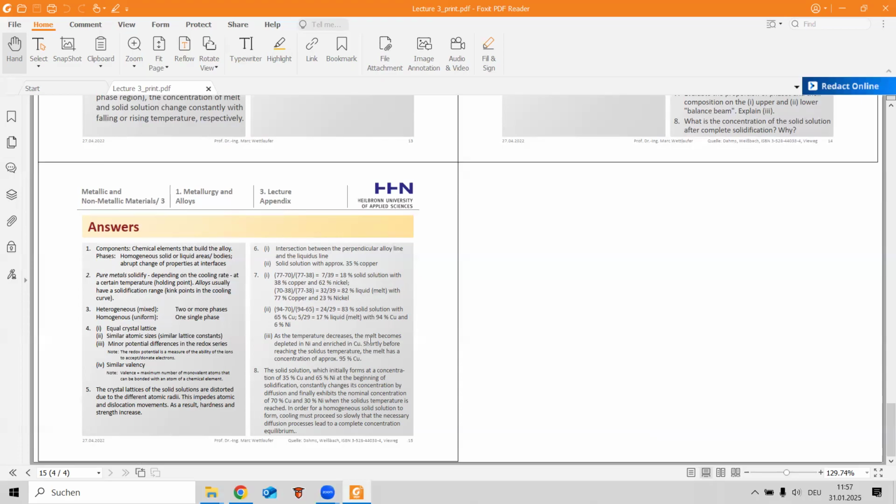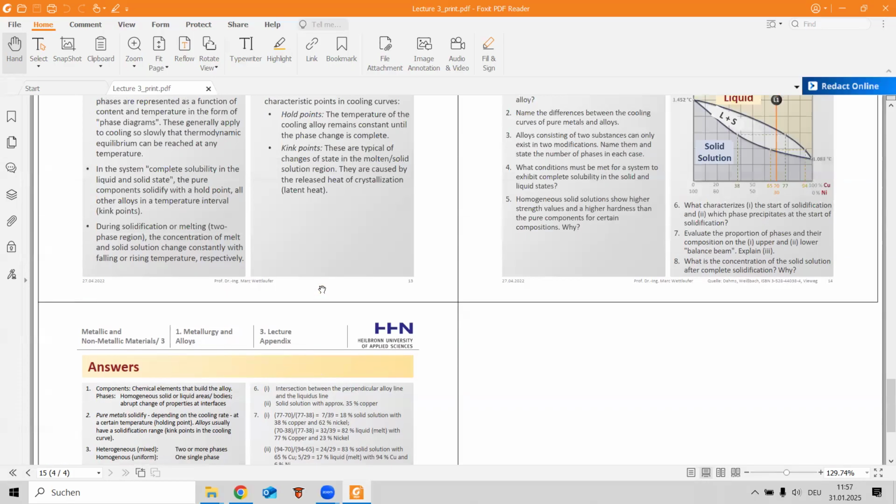As the temperature decreases, the melt becomes depleted in nickel and enriched in copper. Shortly before reaching the solidus temperature, the melt has a concentration of approximately 95% copper.